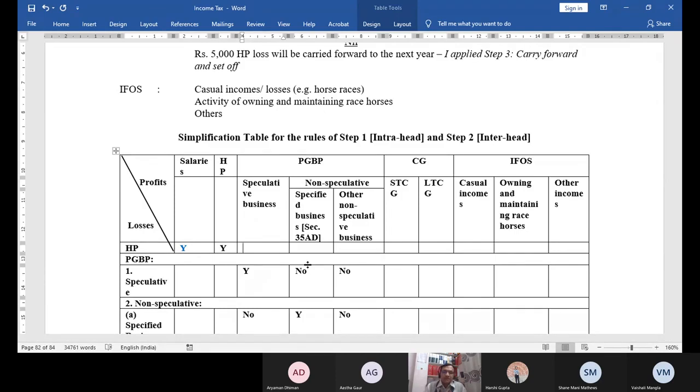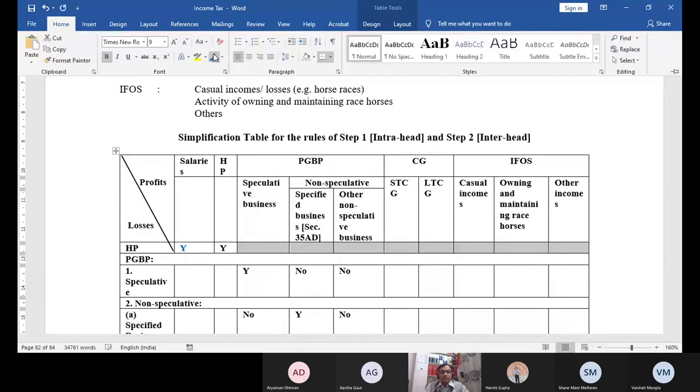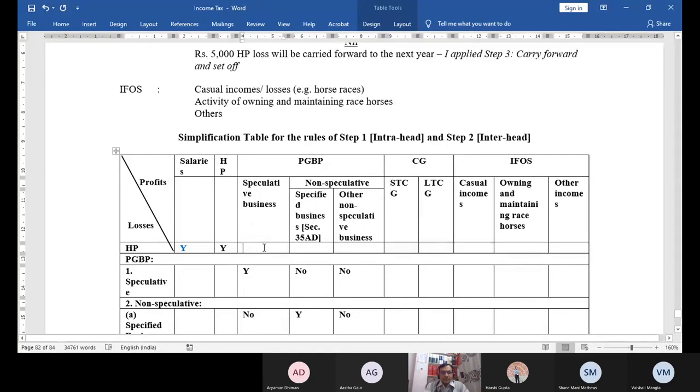So HP negative can be adjusted against salary, against speculative business, against specified business, against non-speculative business, against STCG, LTCG, not against casual income, but owning and maintaining as well as other. HP loss can be adjusted against any head, any source except what? Casual incomes. It's not allowed. That is the only exception.